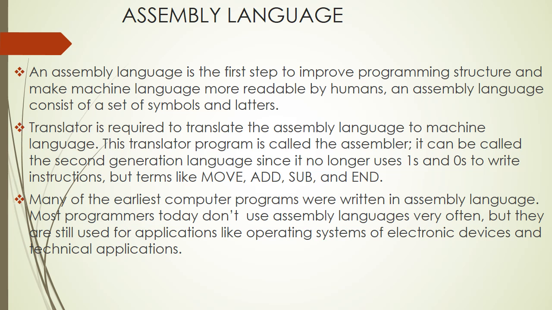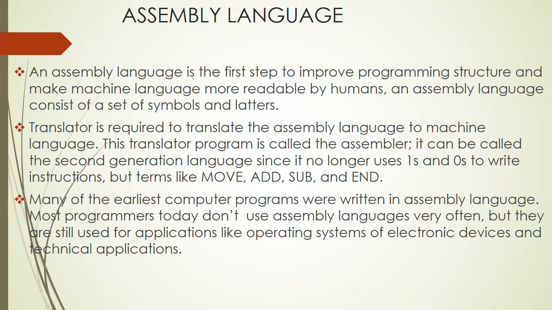An assembly language consists of a set of symbols and letters. Symbols and letters are implemented in assembly language to make the low-level language more advanced. A translator is required to translate the assembly language to machine language. This translator program is called the assembler.